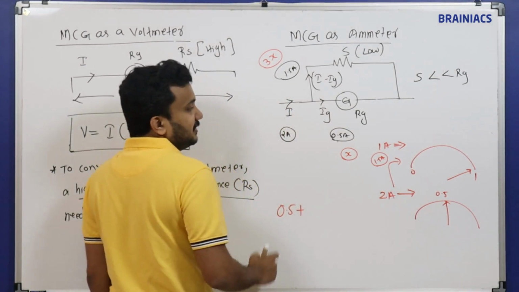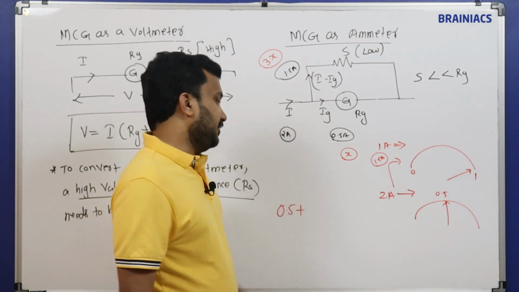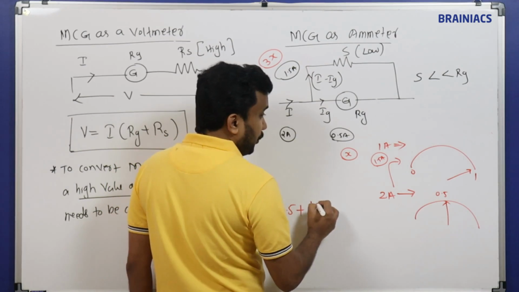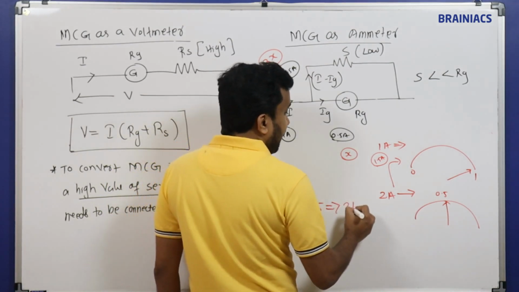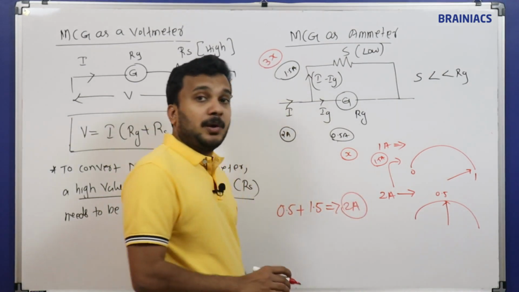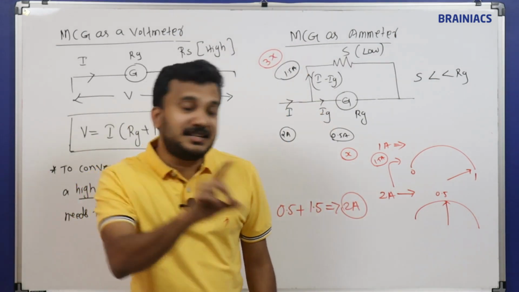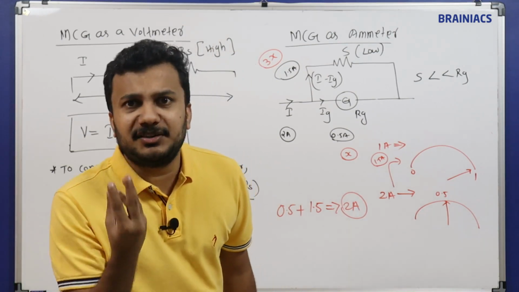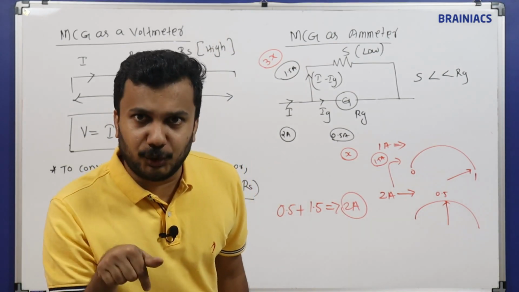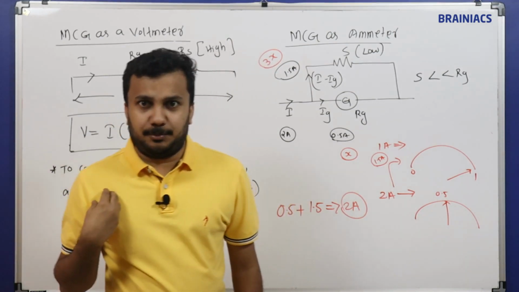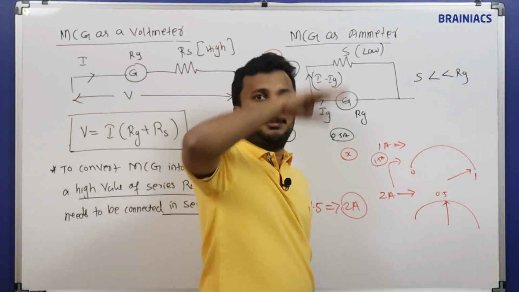What is this value? It is 1.5 ampere. So the internal electronic circuit will add, and this will give you a 2 ampere display outside. But internally, the galvanometer is only taking 0.5. So the galvanometer will know 2 ampere is coming, 1.5 has been taken, so 1.5 is going upward.